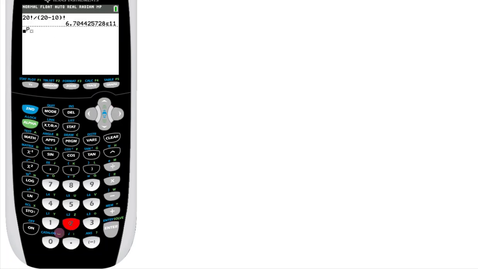So I'm going to do number 2. I'm going to type in the 20. I'm going to use my right arrow key to jump to the other box, put in a 10, and I should get the same ginormous number. I got exactly the same thing. I can't even write that number down, but you can use the formula for permutations. 20 items, you only want to take 10 of them.